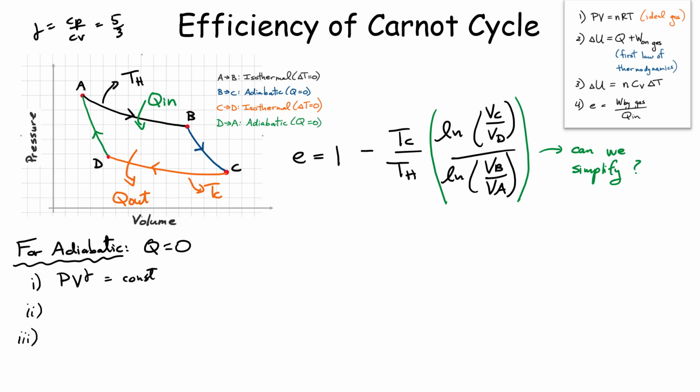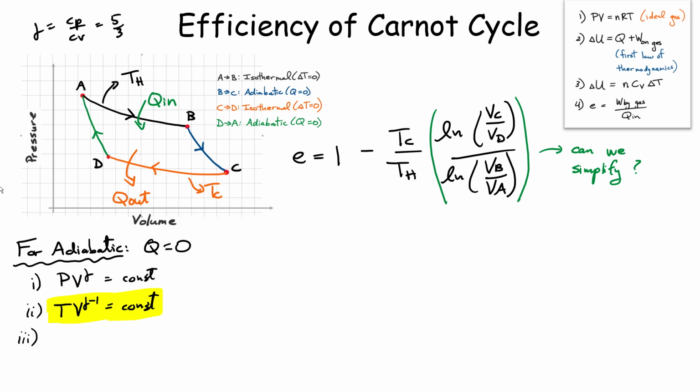Now you could eliminate pressure or volume using the ideal gas law. For example, if I write it in terms of temperature, I could say T times V to the gamma minus 1 is also equal to a constant. And anyway, this is the one I'm going to use right now. I can also write an expression without volume, for example. But let's use this one right here, and you're going to see why.